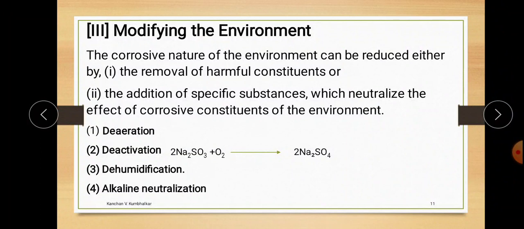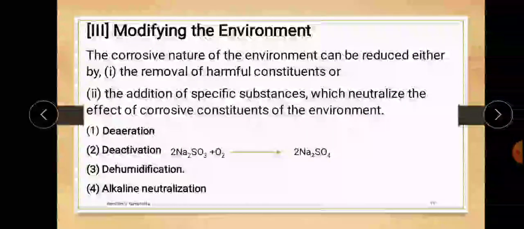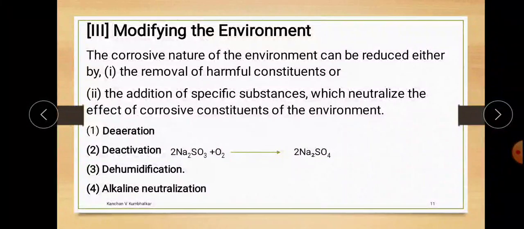And the last point is alkaline neutralization. It consists of preventing corrosion by neutralizing the acidic character of the corrosive environment. Due to the presence of HCl, H2S, SO2, CO2, etc., the condition becomes acidic, and by applying an alkaline condition the neutralization process takes place.